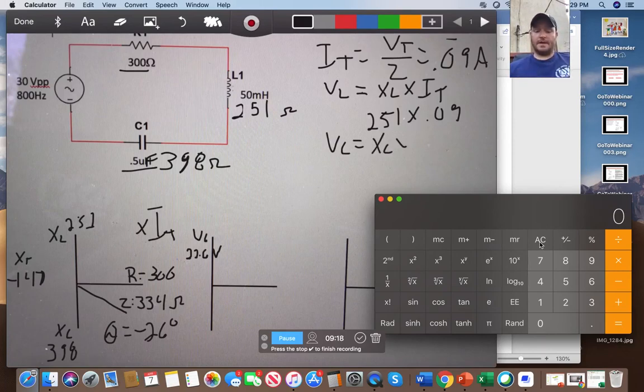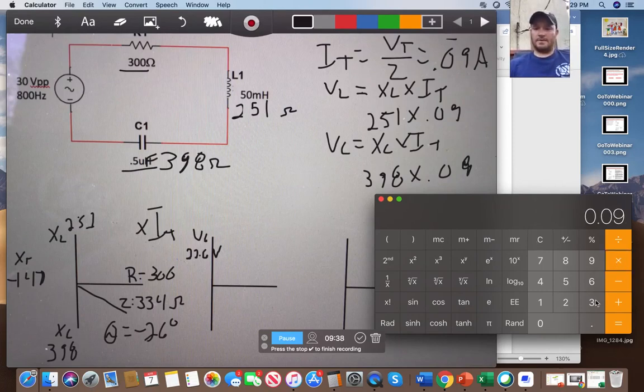That will be X of C times our IT, 398 times 0.09, which equals 35.82 volts. It's much greater. If I was graphing this, this would definitely come down.